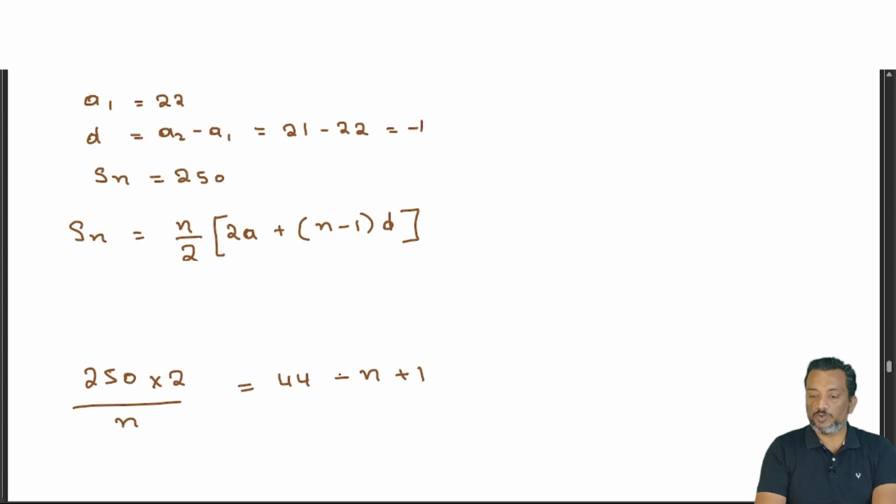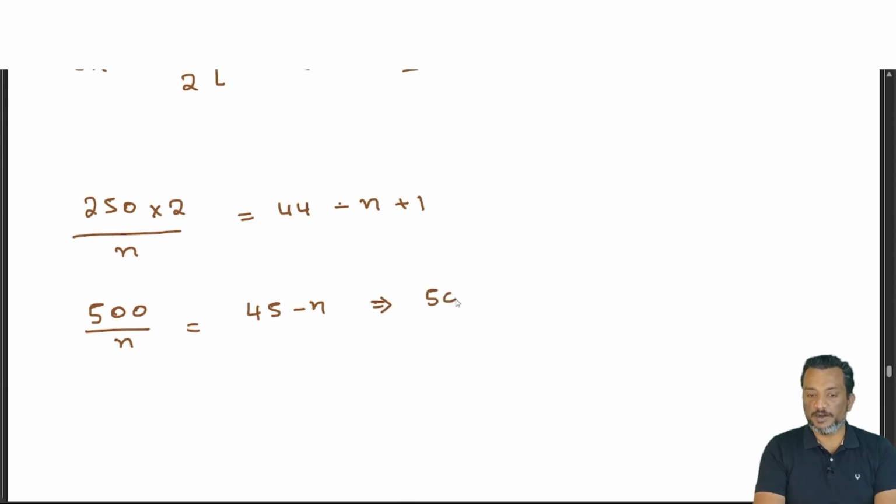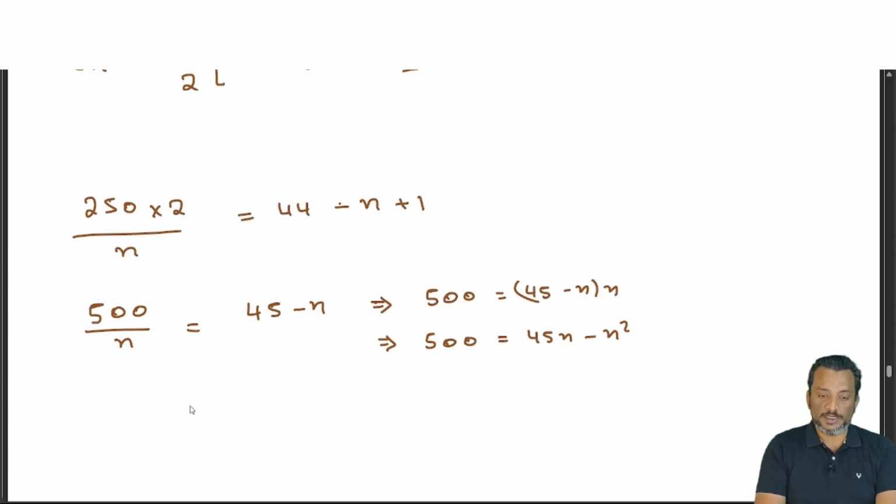So you will get 500 over n is equal to 45 minus n. Now do the cross multiplication, so 500 is equal to 45n minus n square. Okay, now bring all the terms to one side. So you can say n square minus 45n plus 500.